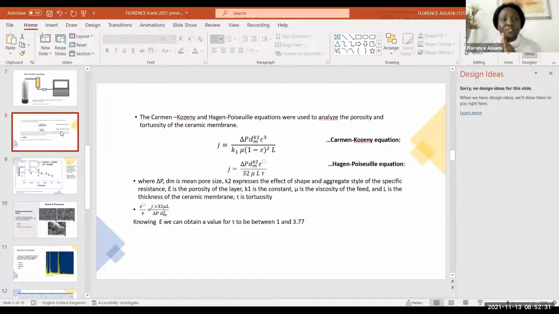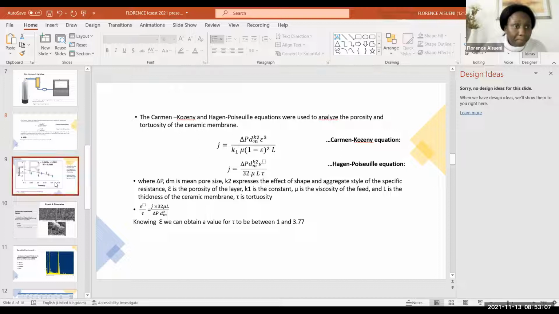The Carman, Kozeny, and Hagen equations were used to analyze the porosity and tortuosity of the ceramic membrane, because these are the microstructure parameters that influence the flux of the ceramic membrane. The components of each of those equations are listed below. We were able to use figures from literature to obtain porosity, and from porosity, we use this equation to calculate tortuosity.